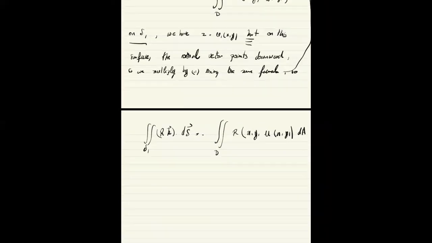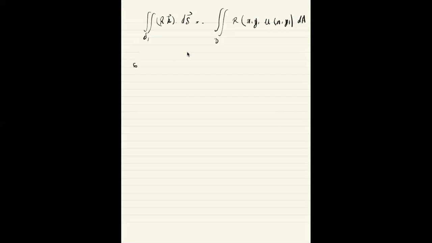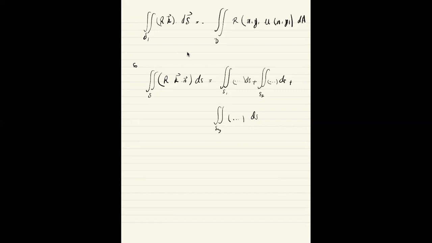Now if you want to gather all this information together, the integral over S of R k dS is the integral over S1 plus the integral over S2 plus the integral over S3, and we computed all of these.